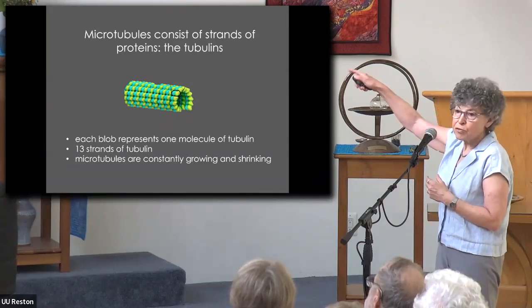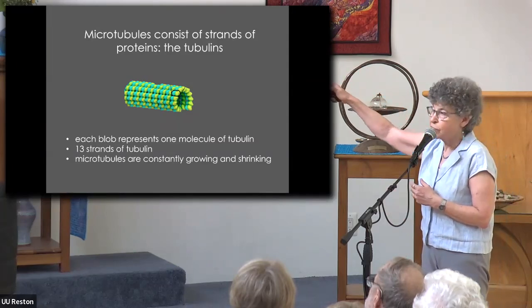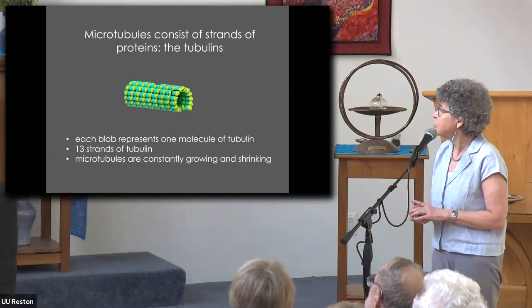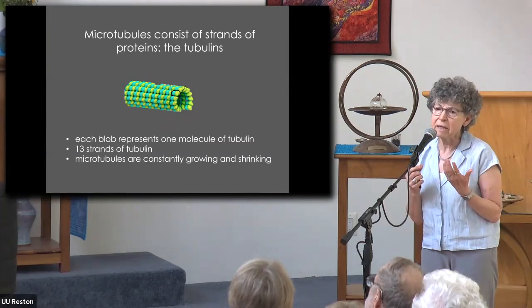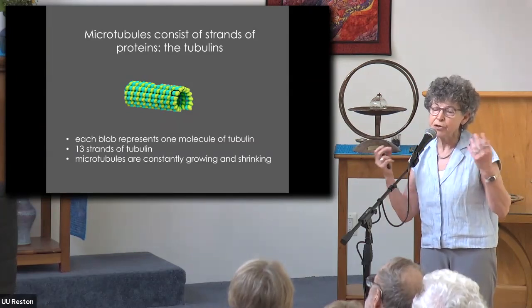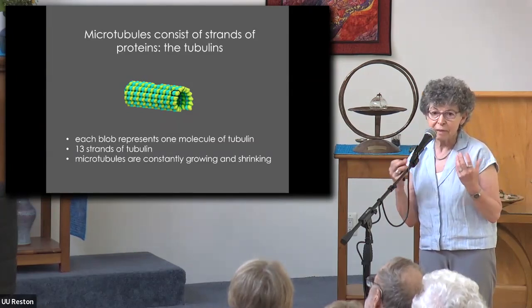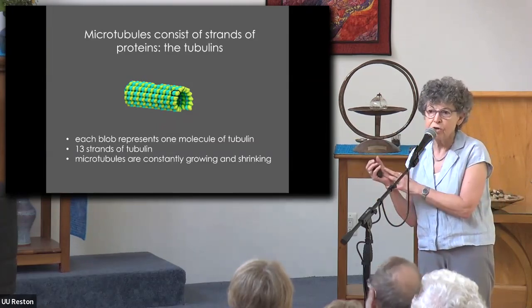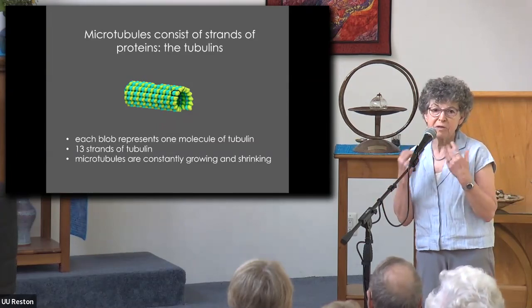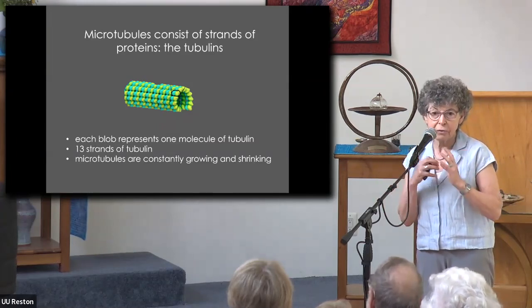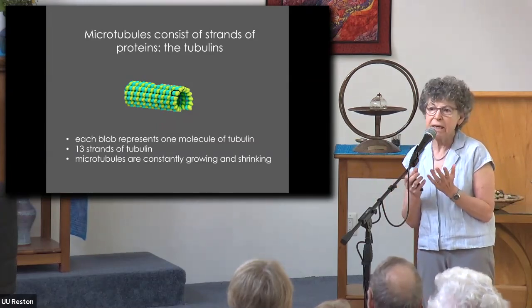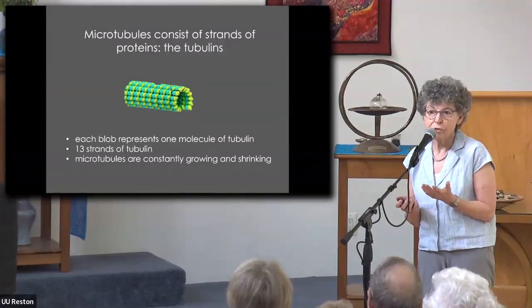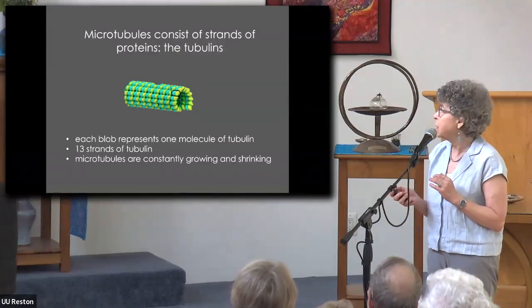There are 13 strands that form these little cylinders, and they're dynamic. They're constantly growing and shrinking, and that allows them both to strengthen the cell, but also to transport other proteins and to transport nucleic acids through the cell.